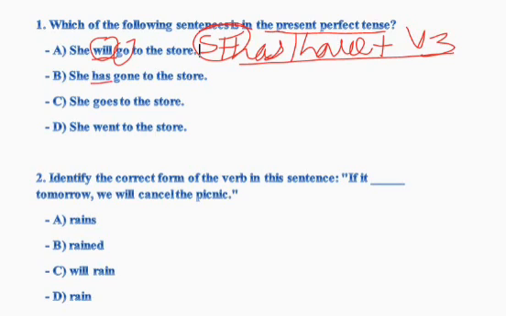Has and verb 3, so this is present perfect. C, she goes to the store.